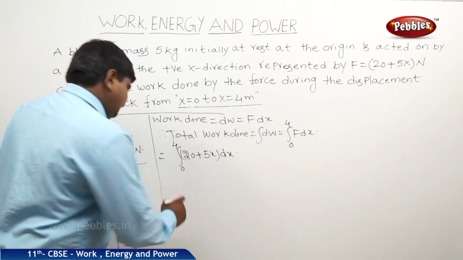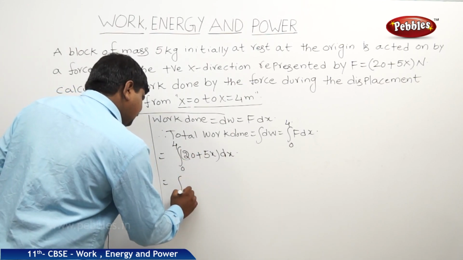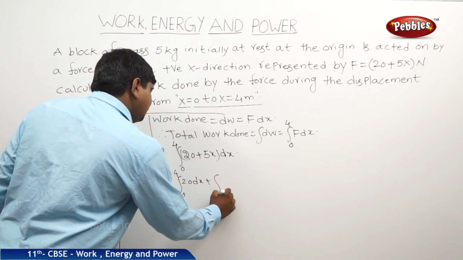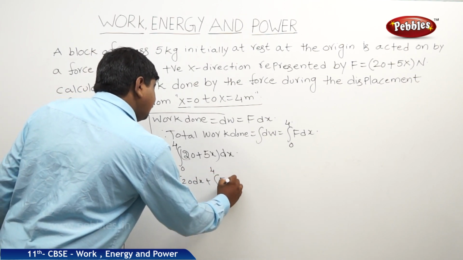So we can separate these two: integral 0 to 4 of 20 dx plus integral 0 to 4 of 5x dx.